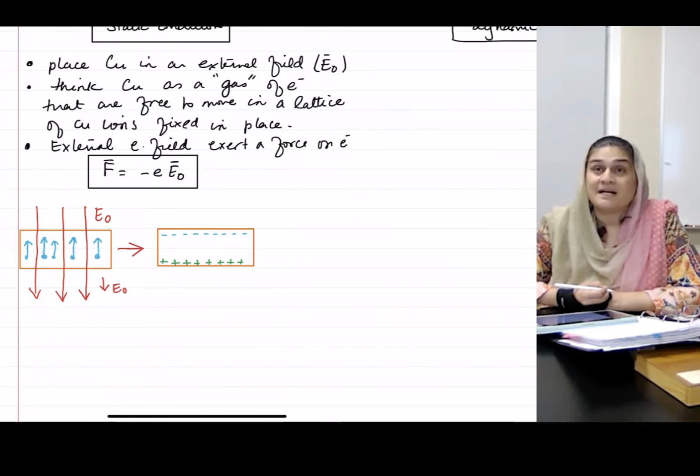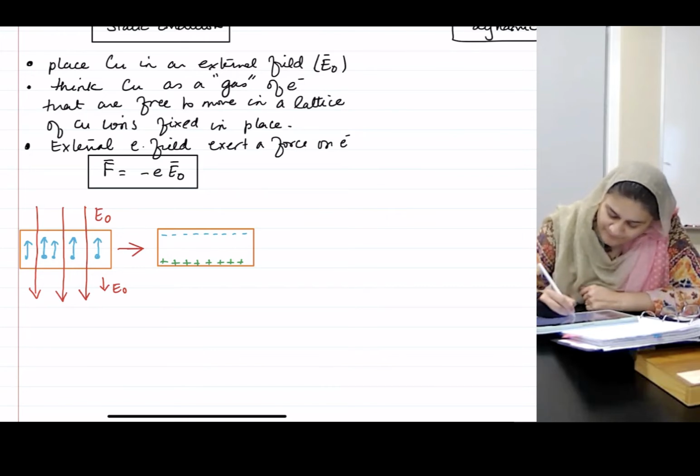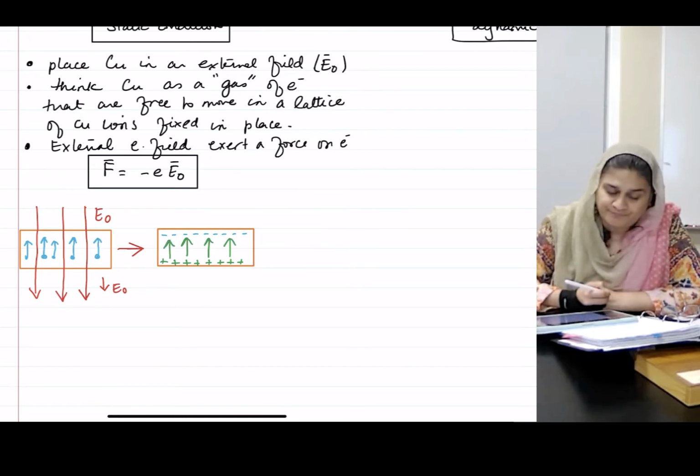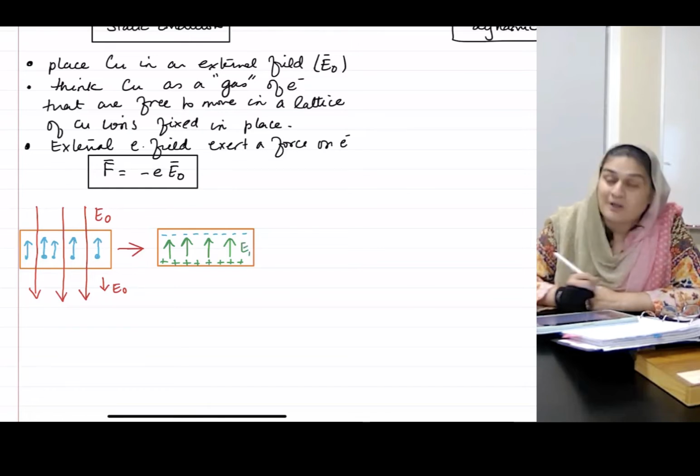Will this set up another electric field inside the copper slab? What direction will that field be? Up or down? Up. Good, CJ. Suppose I call this field E1.